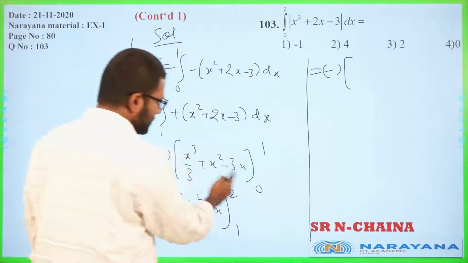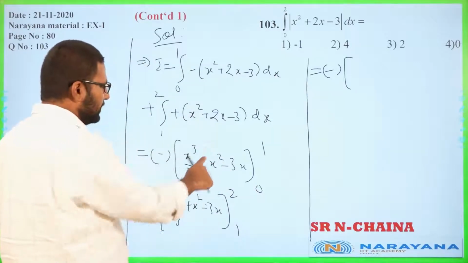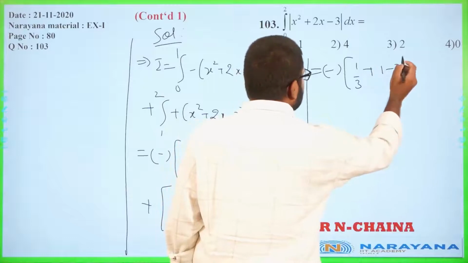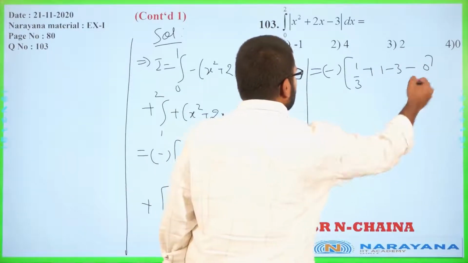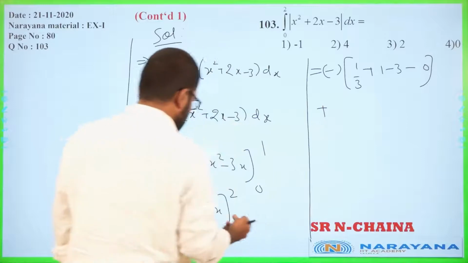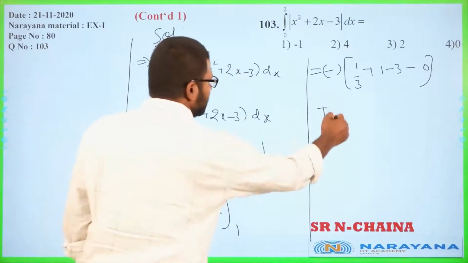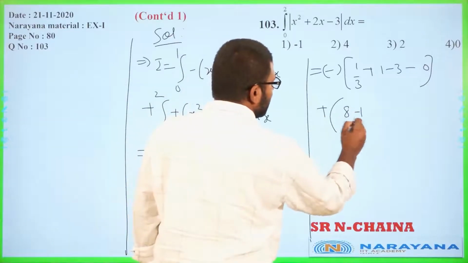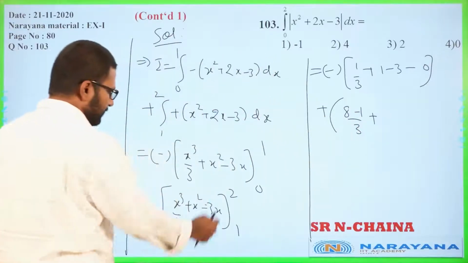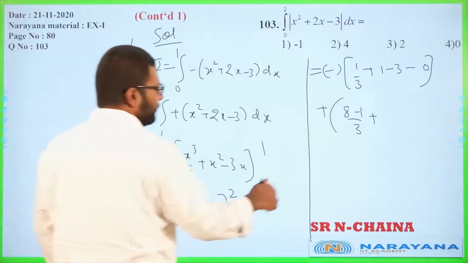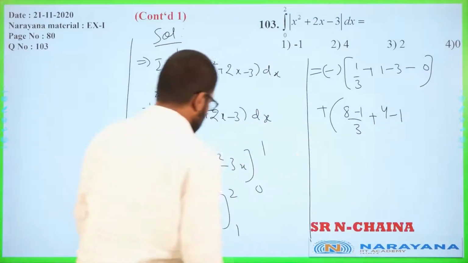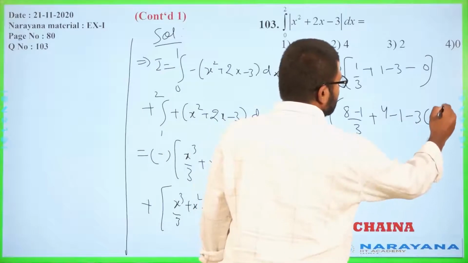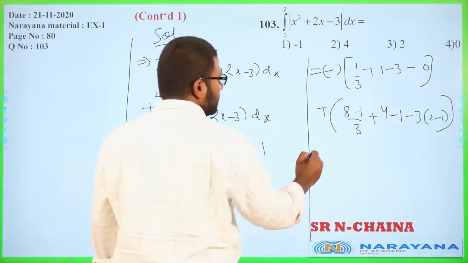In fact, when you substitute 0, everything becomes 0, so you can just ignore it. So just substitute 1 by 3 plus 1 minus 3 minus 0, and then plus. Now here every term is going to matter. So 2 cube minus 1 cube by 3, 8 minus 1 by 3, then 2 square minus 1 square, so 4 minus 1, and then minus 3 into 2 minus 1, right?